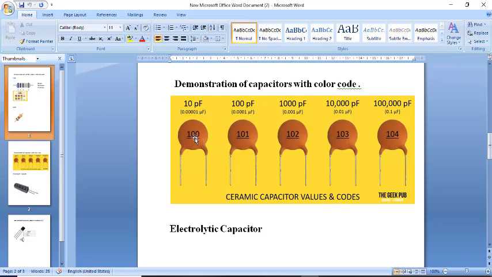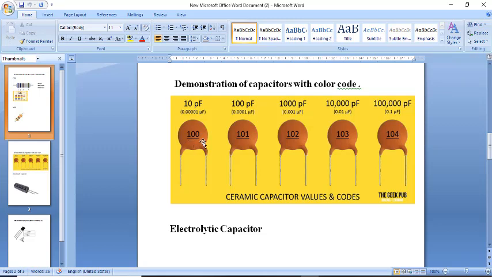Then you can see the numbers 100, 101, 102. What is the meaning of that? If you check that 100, you can easily calculate the value of that particular ceramic capacitor. The value is AB times 10 to the power C in picofarad.